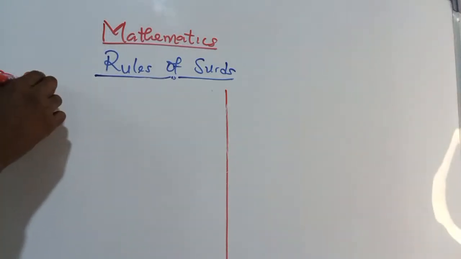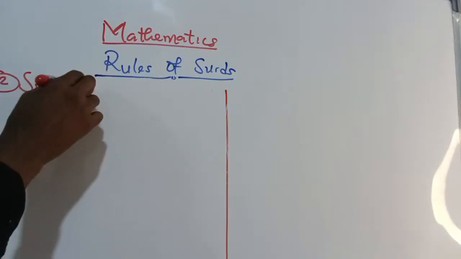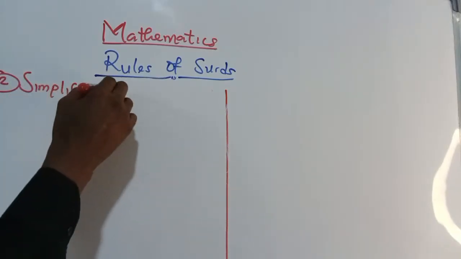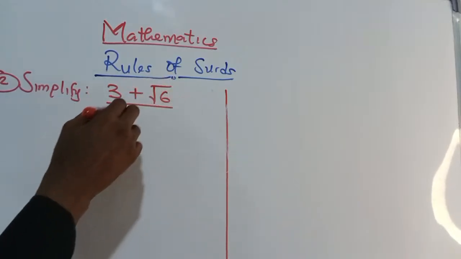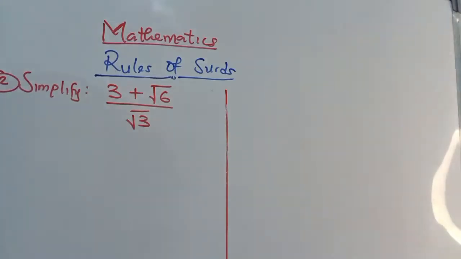Let's simplify 3 plus root 6 over root 3. All right, so this is also similar to what we've done before. So let's simplify 3 plus root 6 over root 3.